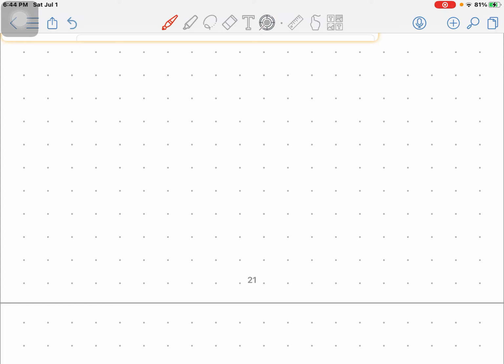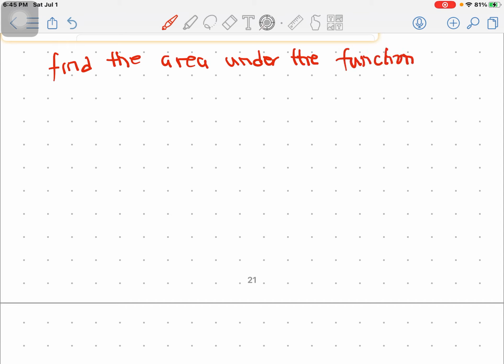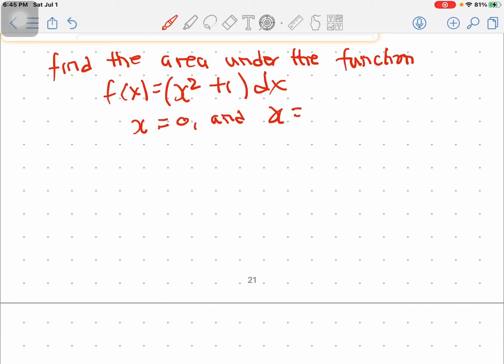We should find the area under the function f of x equal to x squared plus 1 dx, on the interval x equal to 0 and x equal to 5.